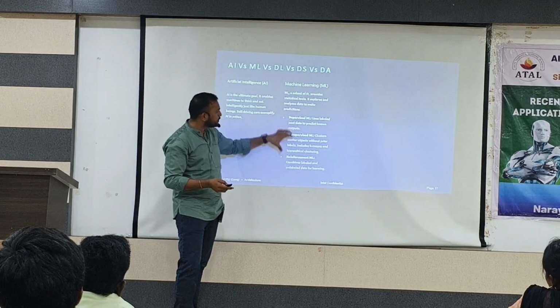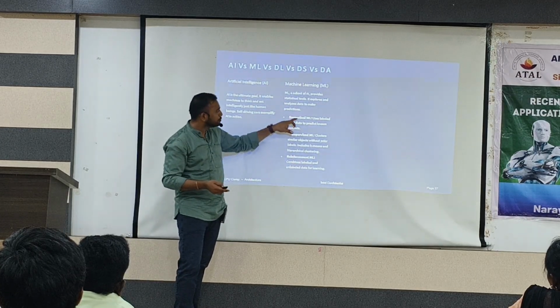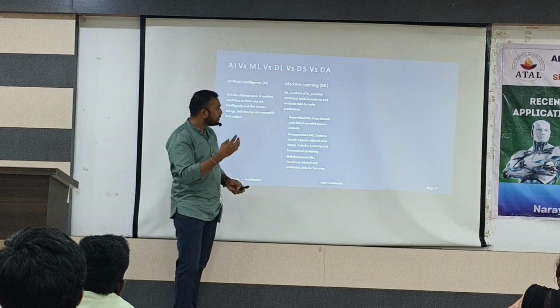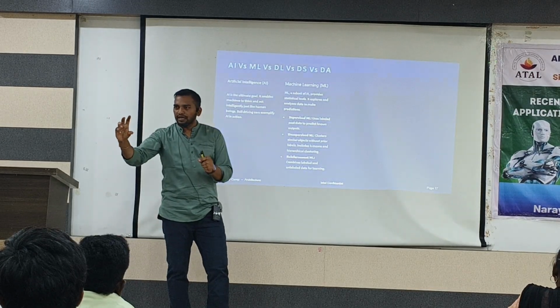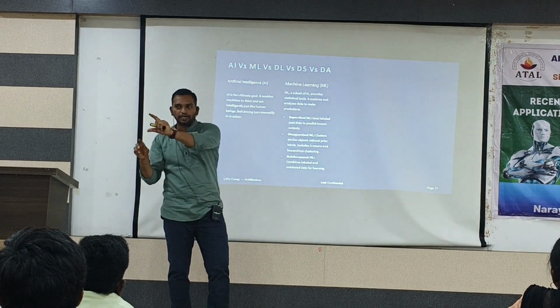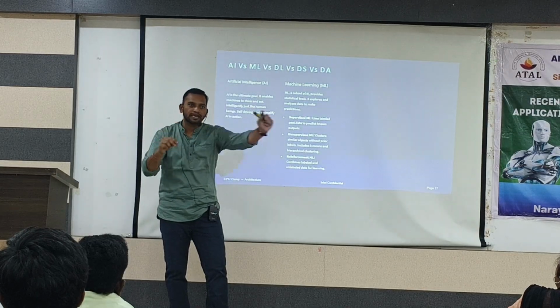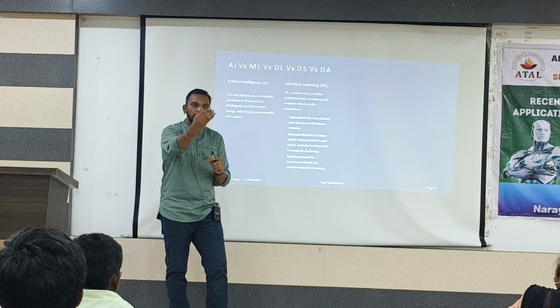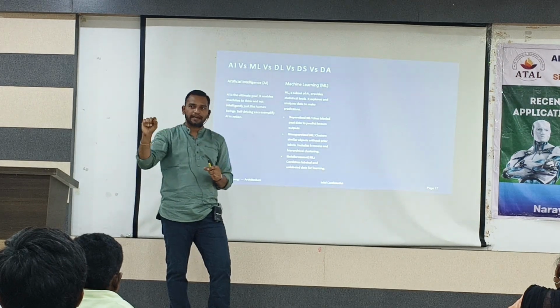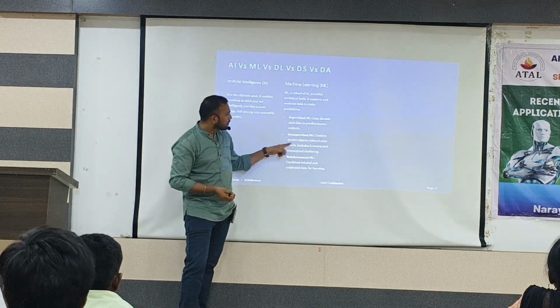It is divided again into 3 subparts. Supervised machine learning: we give a cat image and you label it as a cat. While training, you give the label; while inferring, you just give the image and it will infer it is a cat. That is supervised learning.